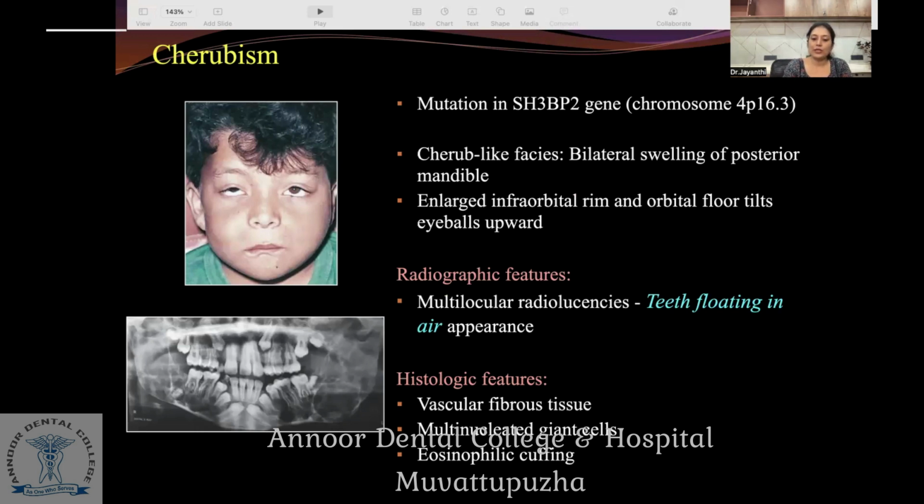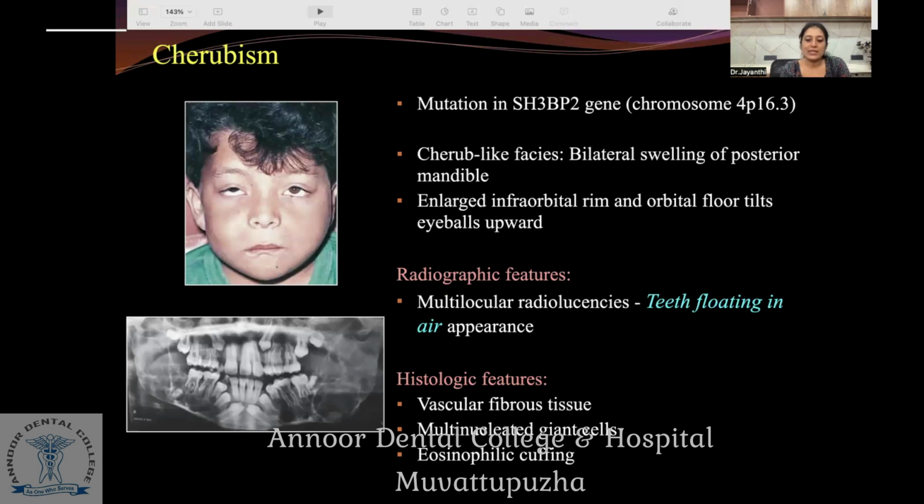Another thing you need to know is, suppose you take a biopsy and look at this tissue under the microscope. What do you expect to see? You see a lot of multinucleated giant cells. So cherubism is considered an example of a giant cell lesion of the bone, because microscopically you're seeing a lot of giant cells. What are these giant cells? They are nothing but osteoclasts. I told you in the beginning of this class that osteoclasts are bone resorbing cells, and these cells are multinucleated giant cells.